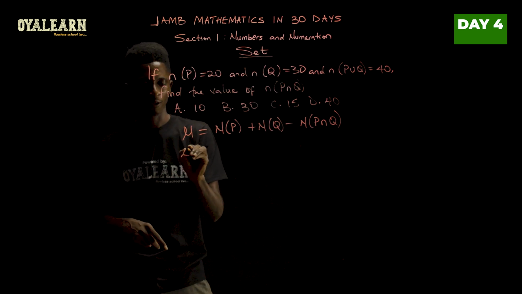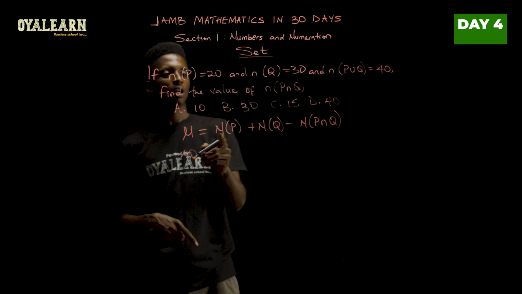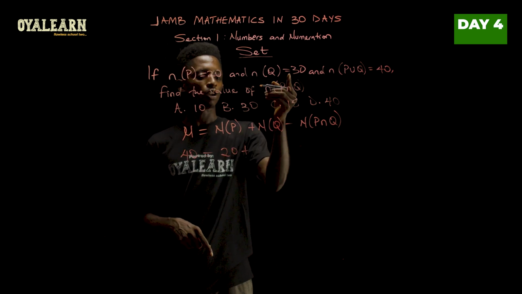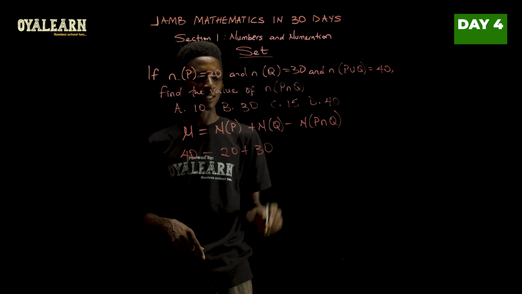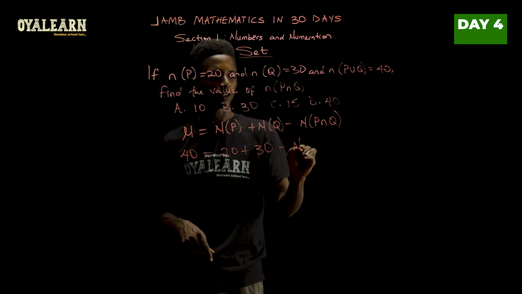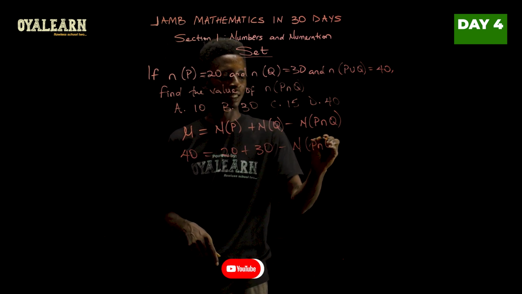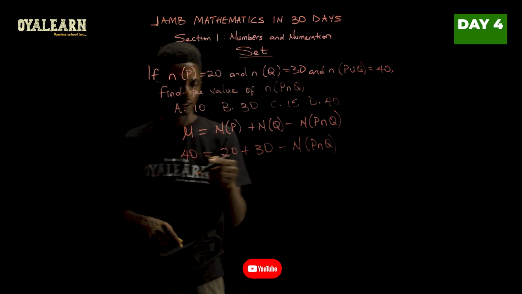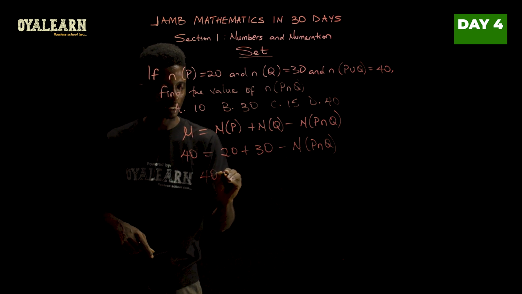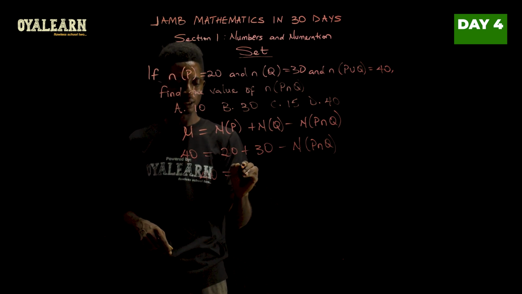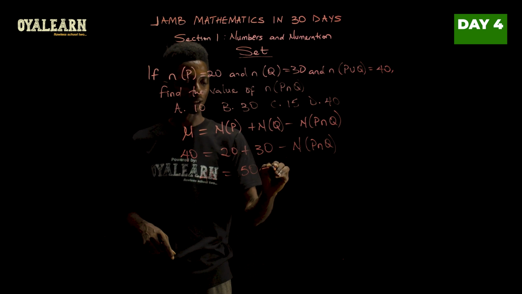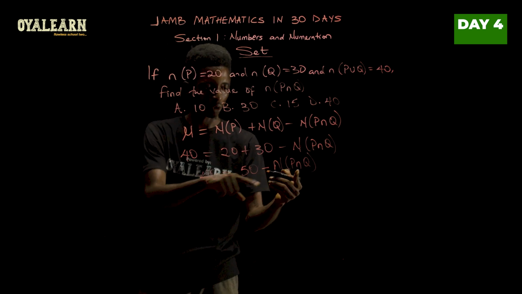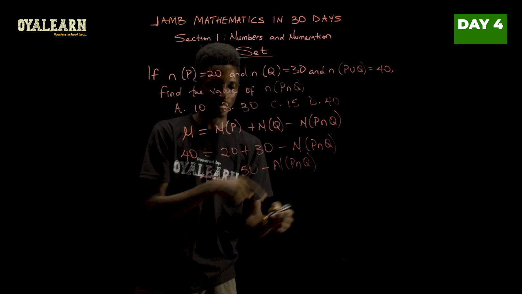So that is, we have 40 here equals the number of P, that is 20, plus the number of Q, that is 30, minus the number of P intersect Q. Now, working with this, we would have 40 equals 20 plus 30, which would give 50, minus the number of P intersect Q. So we take this to the other side and bring 40 here.